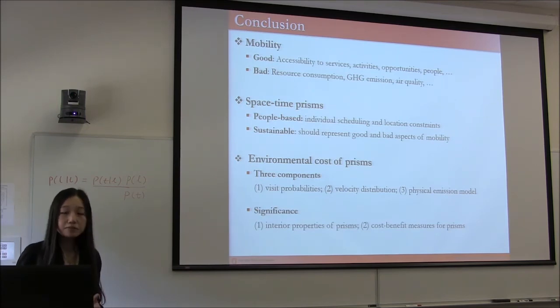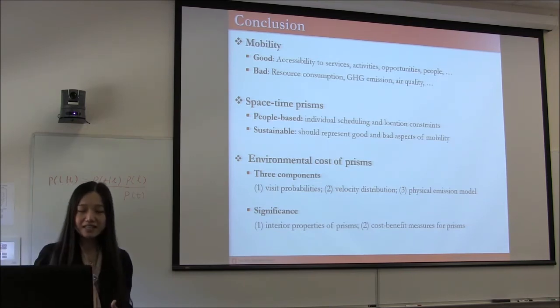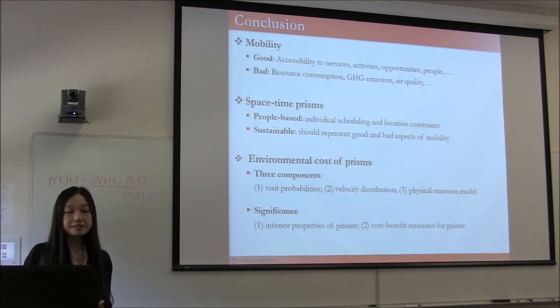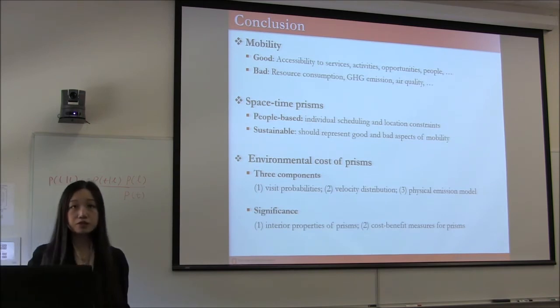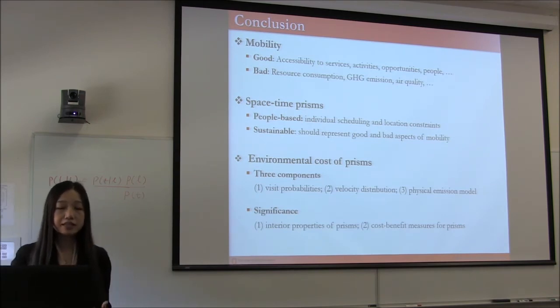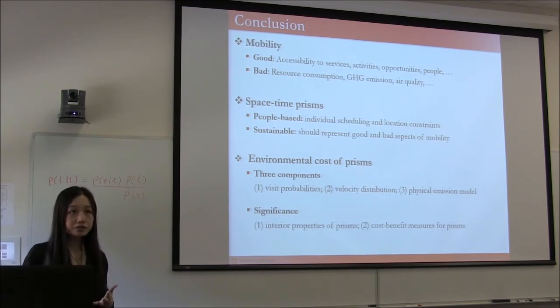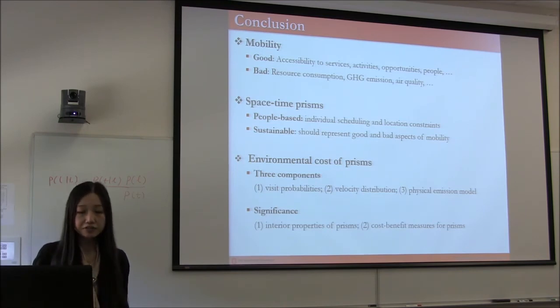In order to achieve sustainability, we should represent good and bad aspects of mobility introduced by the space-time prism. The environmental cost of the prism we're looking at, such as energy consumption and emissions, is going to be estimated through 3 components. The first one is the probability to visit reachable locations.